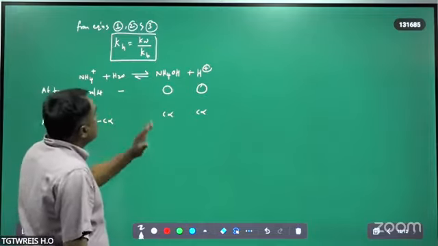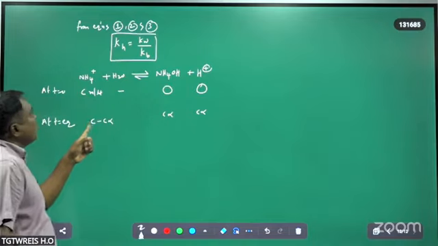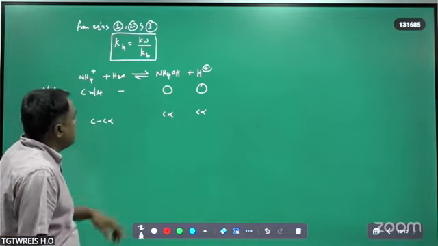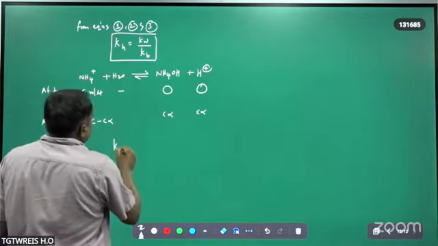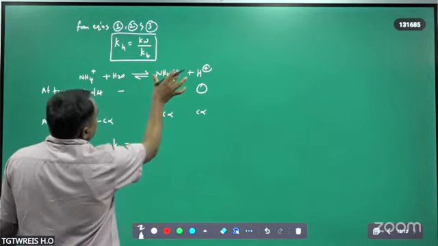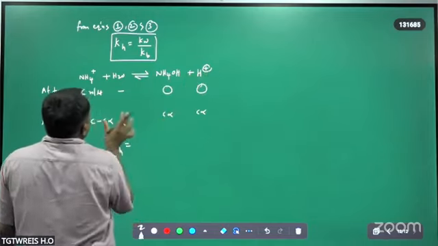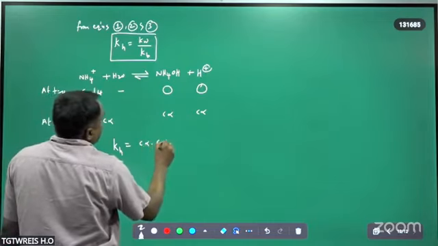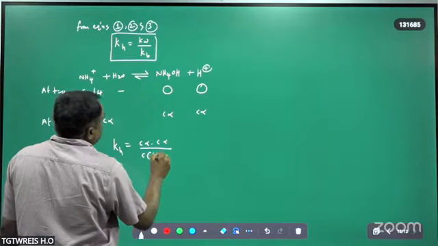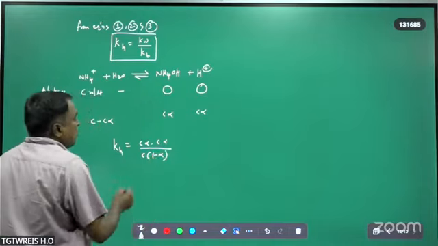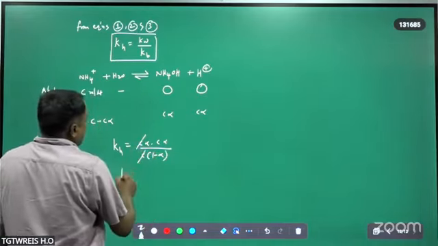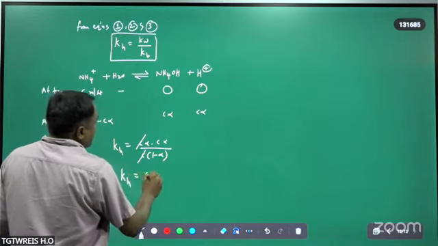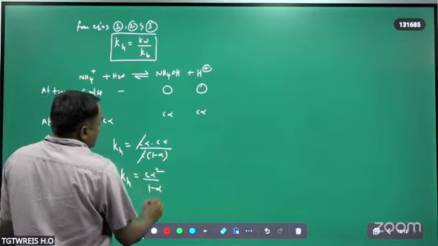By consuming C alpha, the leftover amount of NH4 plus will be C minus C alpha. Therefore, KH is equal to square bracket NH4OH into square bracket H plus by square bracket NH4 plus, that is C alpha into C alpha by C into 1 minus alpha. So C gets cancelled. Therefore, KH is equal to C alpha square by 1 minus alpha.